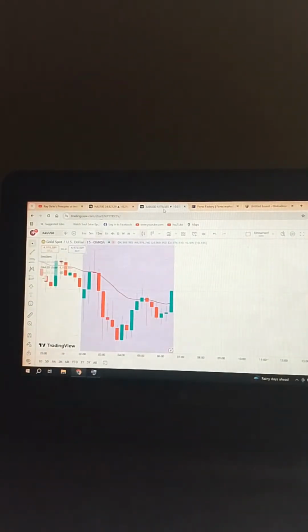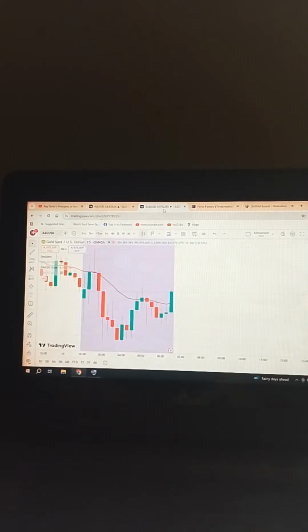This is the gold trade which we are waiting for, guys. Let's see how things go. Prepare your account, we're going to enter this gold trade.